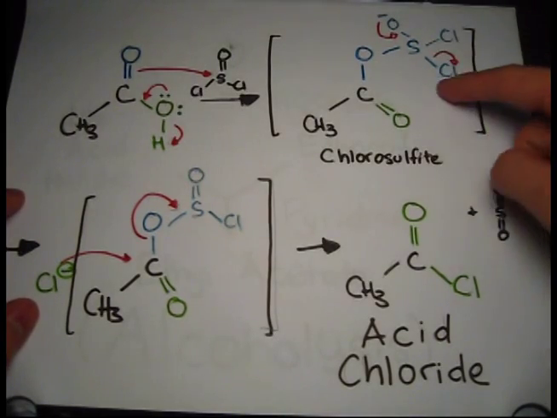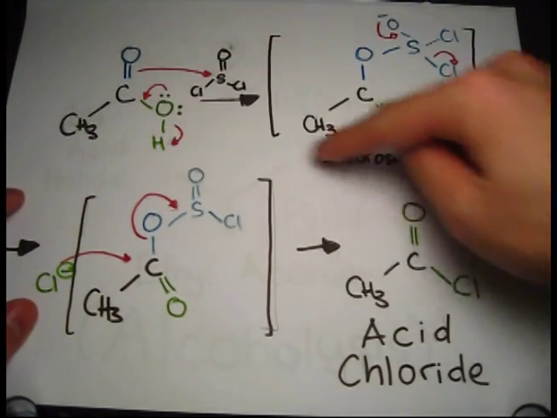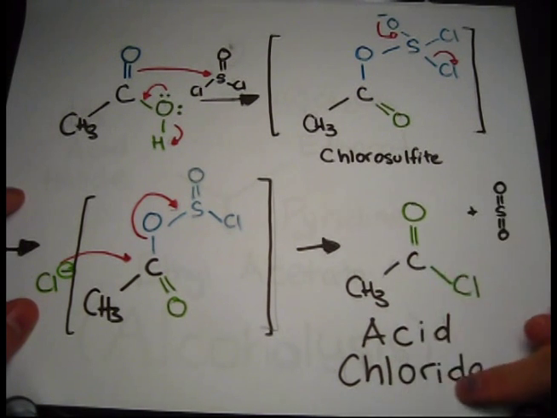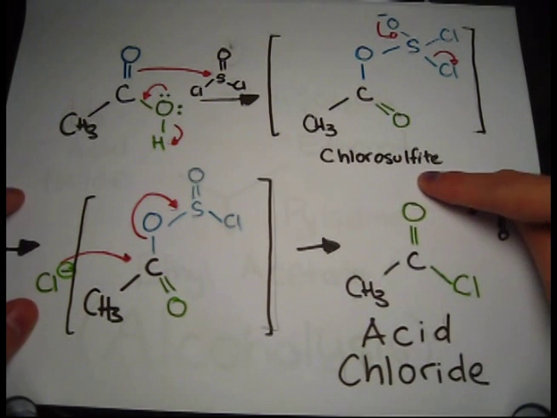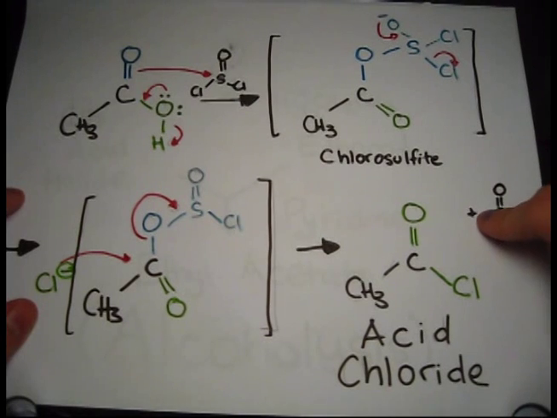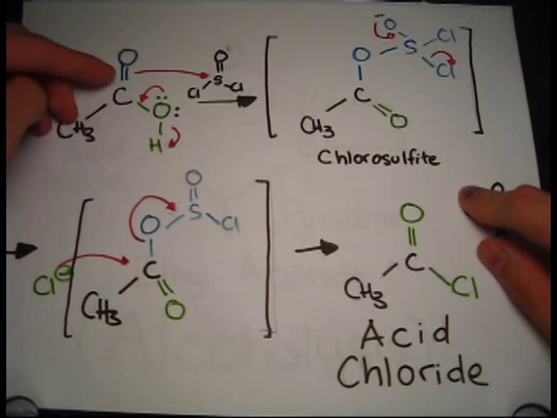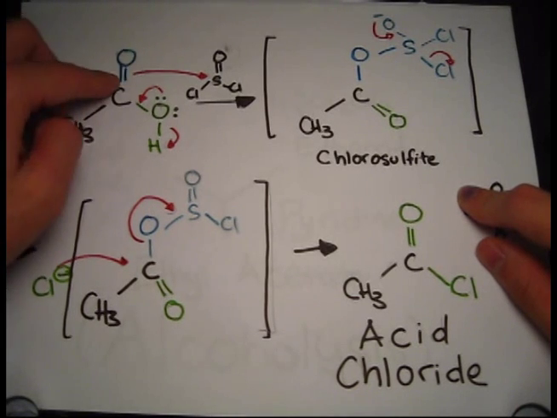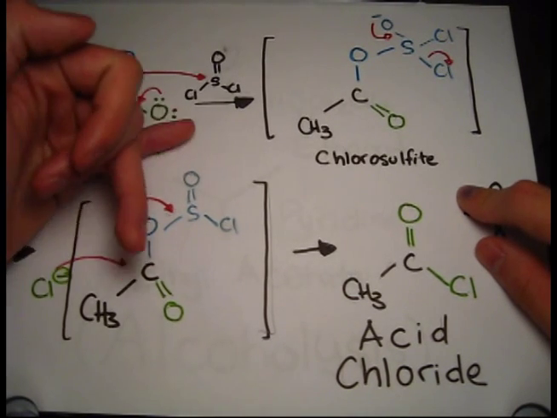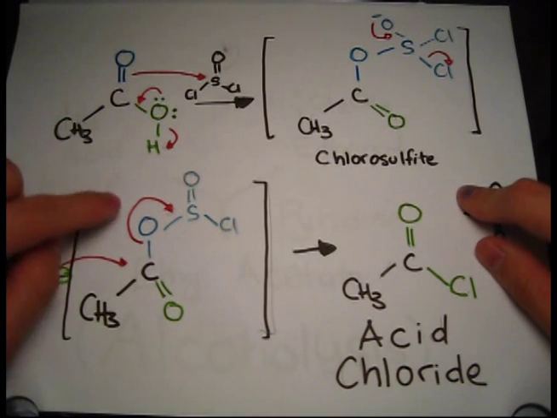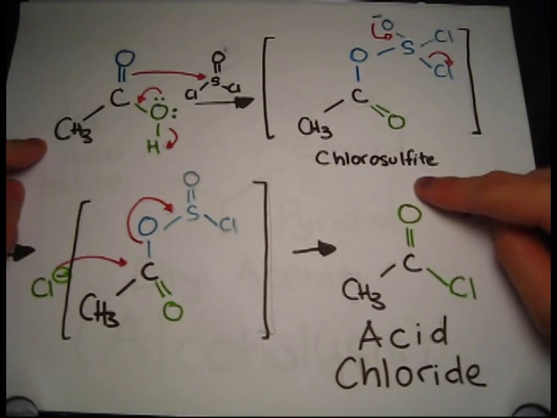All you need to remember is that in order to get from the carboxylic acid to the acid chloride, there is a chlorosulfite intermediate, which looks like this right here. The double bond in the carbonyl is the nucleophile, it attacks the S. That's what makes your chlorosulfite intermediate.